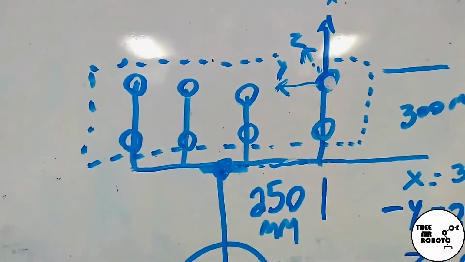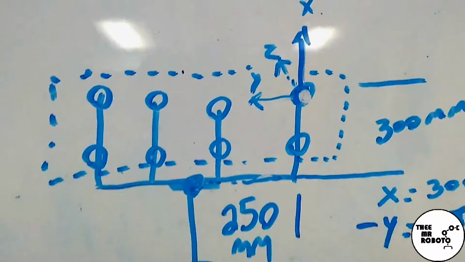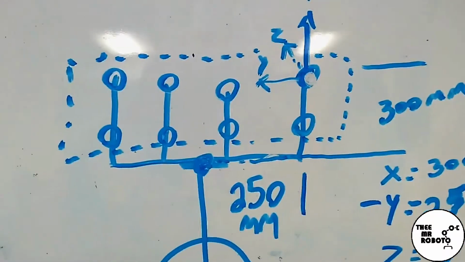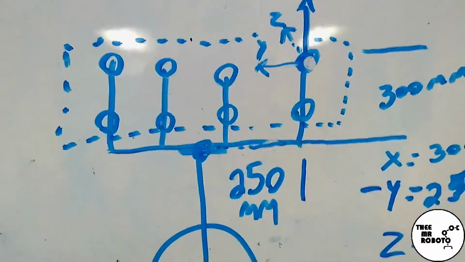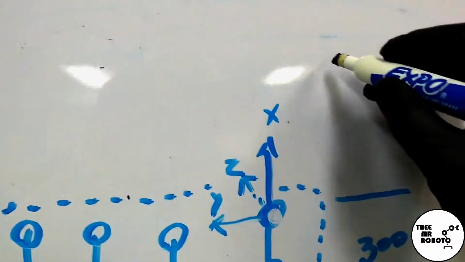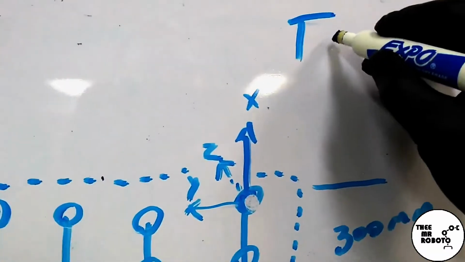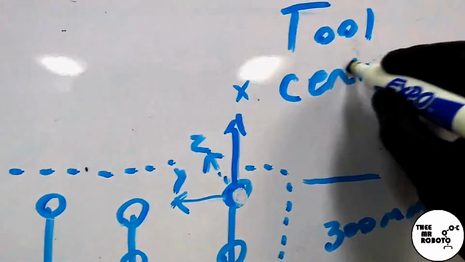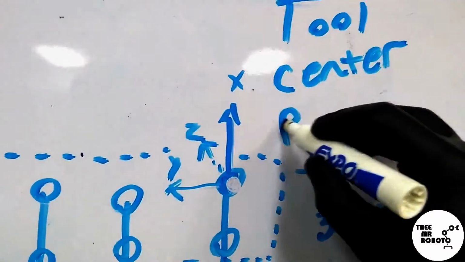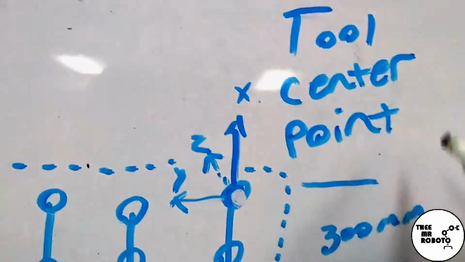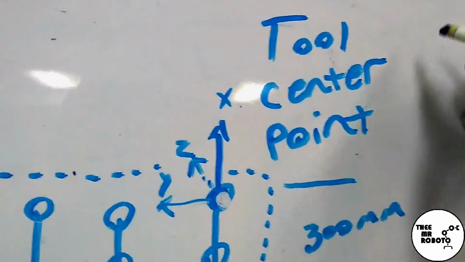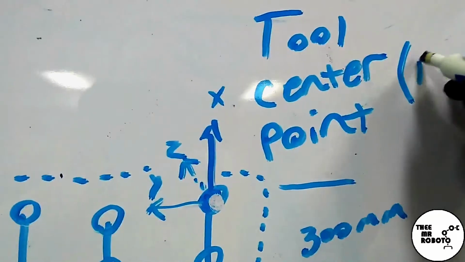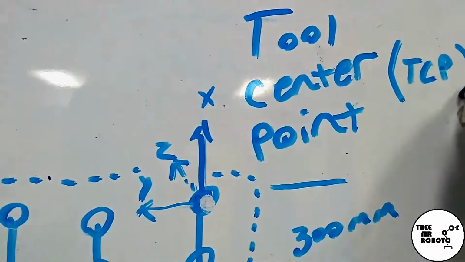And this coordinate system has a name, okay? It's called a tool center point, all right? So we're going to call this a tool center point, more commonly referred to as a TCP. Okay?